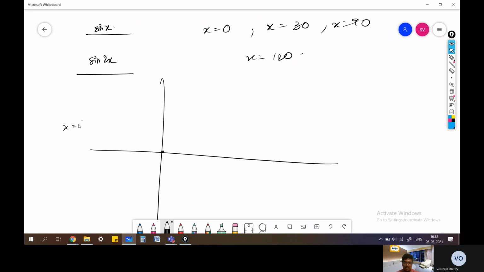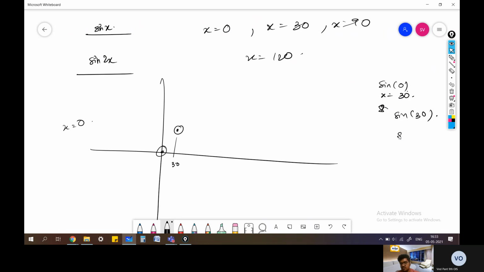When I put x value equals 0, put sin 0 on the GDC and you will get this point. When I put x equals 30, put sin 30 on the GDC and you will get half. You will get this point at angle 30.